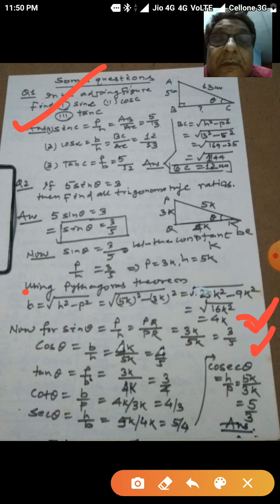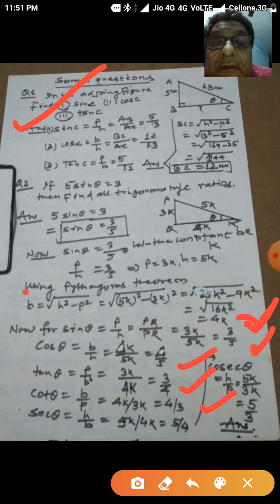Similarly cos theta equal to B by H, which is QR by PR, equal to 4k by 5k, which is 4 by 5. Tan theta equal to P by B, that is PQ by QR, so it is 3k by 4k, and cancelling k we have 3 by 4. Cot theta equal to B by P, which is QR by PQ, so it is 4k by 3k, that is 4 by 3.